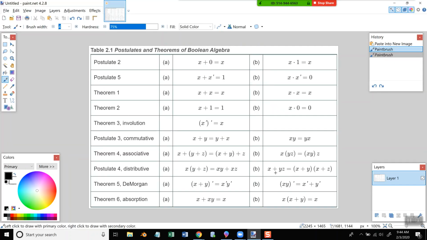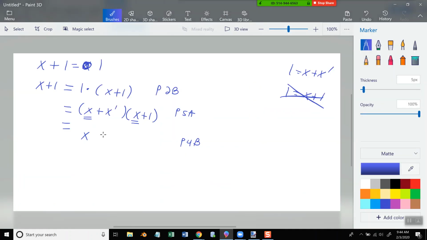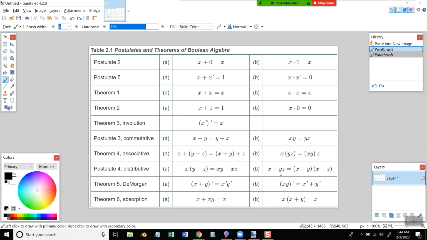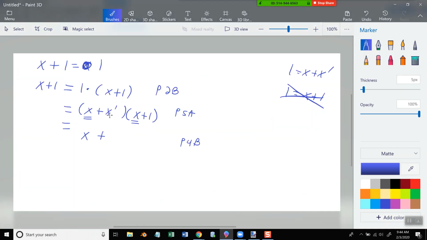Then we have an or, plus. And then it looks like we take the y and z and put them next to each other with multiplication or an and between them. So we're going to take the not x and 1 and put a multiplication or an and between them.